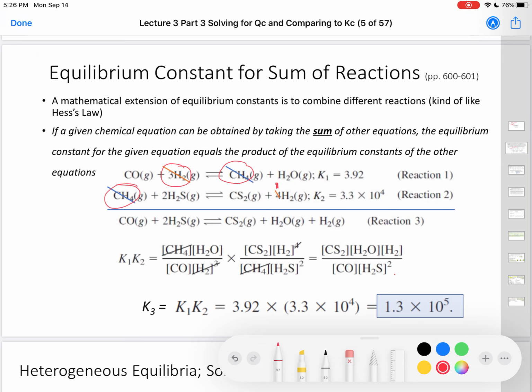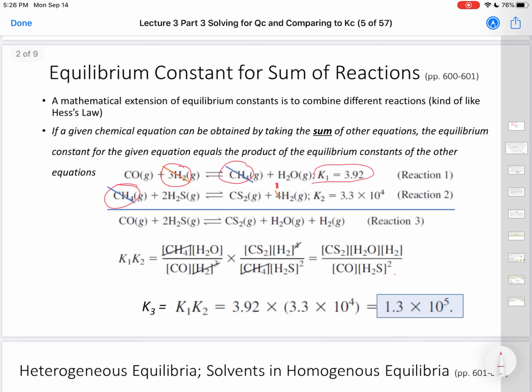Let's say that you have these elementary reactions. You have the Kc for the first reaction and the Kc for the second reaction: 3.92 for the first, 3.3 times 10 to the fourth for the second. You would like to know what is the Kc for the overall reaction.